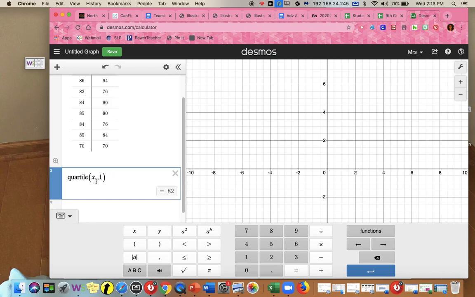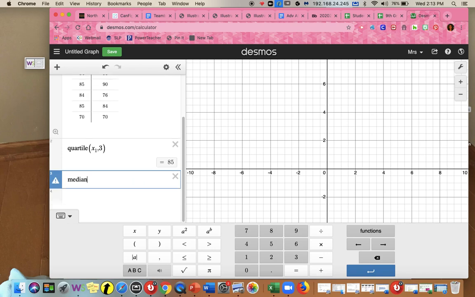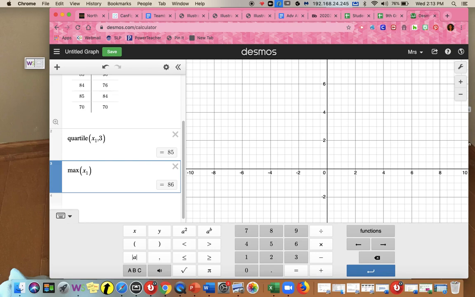Let's change this to quartile 3, 85. Actually, I want the median first, so I'll write that down. Median of list X1 is 84. And then the max, we could easily see it, but I'll just change this. Max is 86. Okay, so I have written down Connie's 5-number summary, and we'll do Oscar's as well.